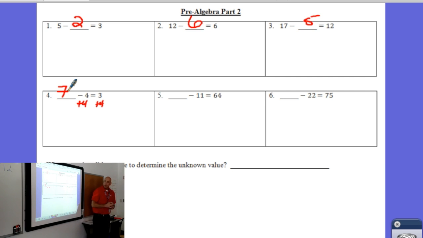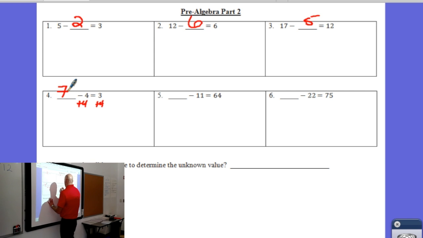All right, next one. Some number minus 11 equals 64. 75, I heard 75, I heard 53. What do we do with this minus 11? Hold on. One step at a time. What do we do with this minus 11? We add it. So we're going to take this minus 11 and we're going to add.